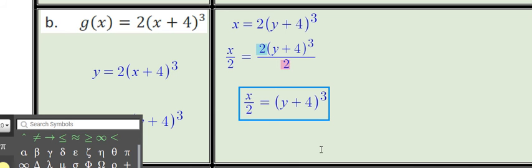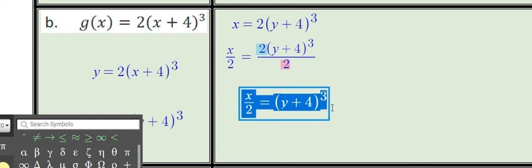And here's where I think that some people might hit a snag. How do I make this 3 go away? And the idea is I actually raise it to the 1/3 power. So I'm going to do that to both of these.